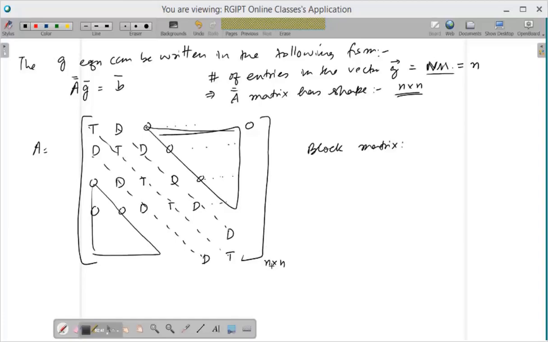So this is the kind of form it takes. What is T, D, and T? Okay. T is a tridiagonal matrix. So T itself is a matrix. Basically at each T you put a submatrix like this, and so on. These zeros would mean that all elements are zero. D is a diagonal matrix.